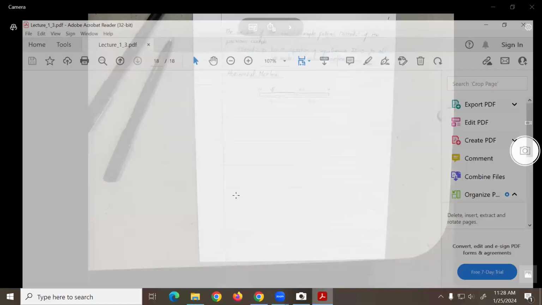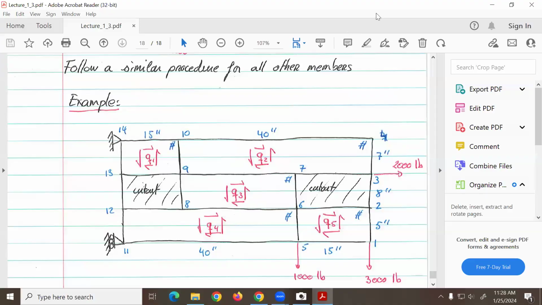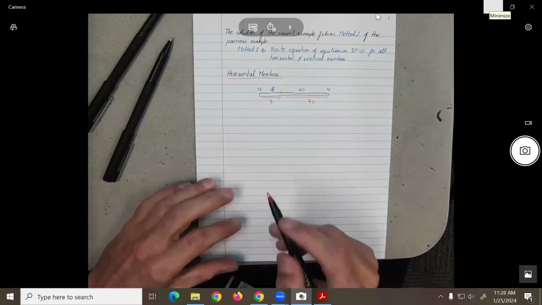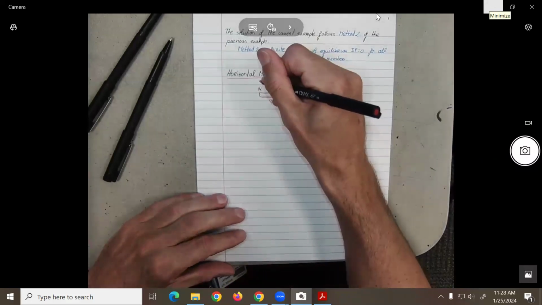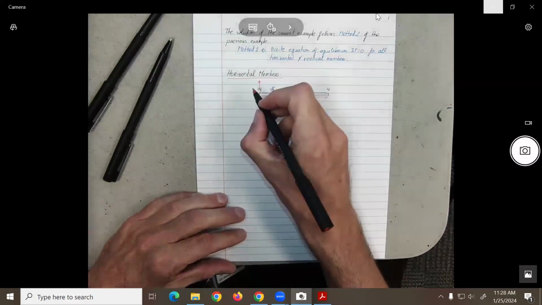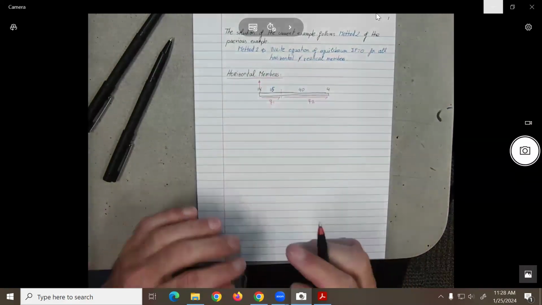We have the pin support here, so I'm going to replace it with reactions.